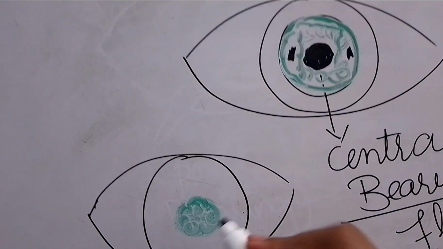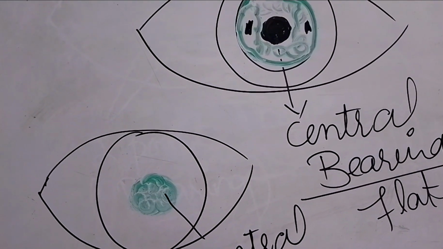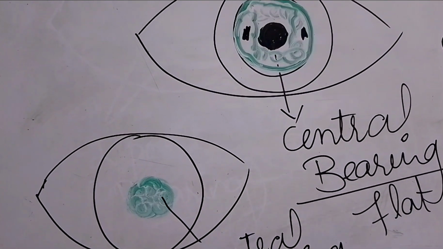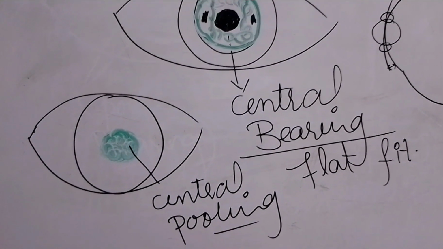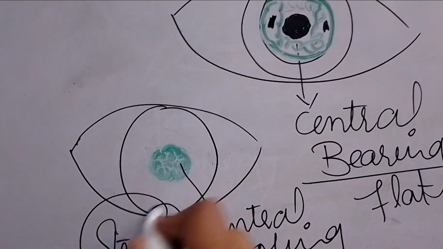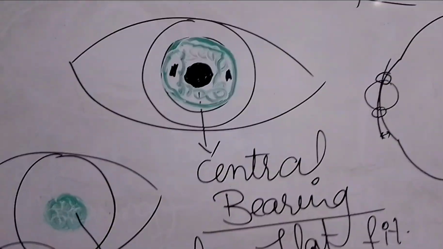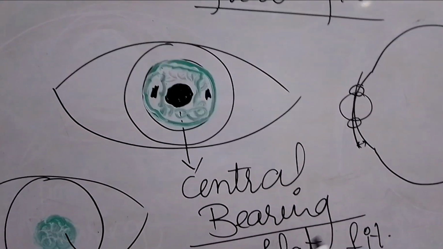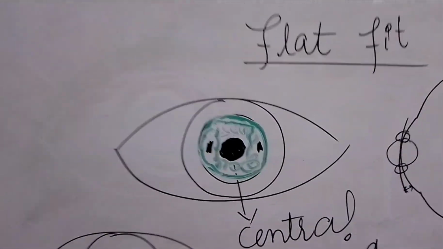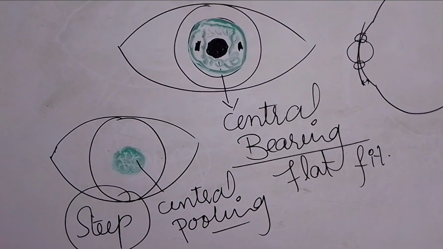So here there will be central pooling that makes it impossible to see the pupil, right? Central pooling will tell you that this fit is steep, while central bearing will tell you that the fit is flat, right? So this is how you are going to see the fluorescein pattern at rest.